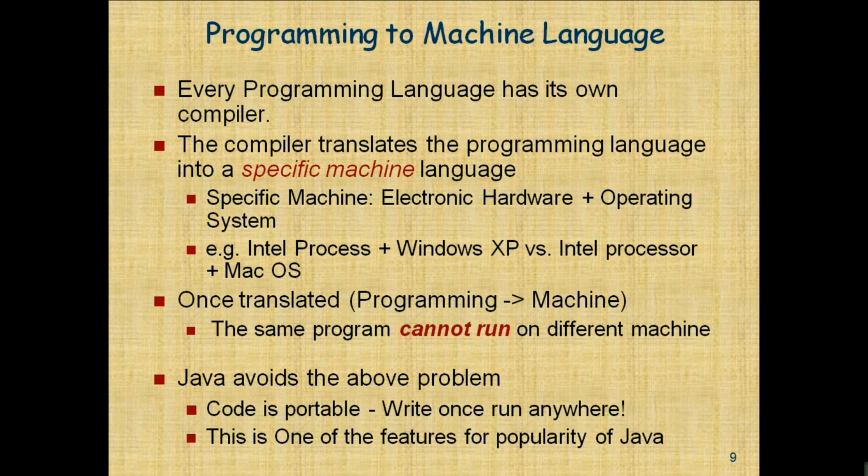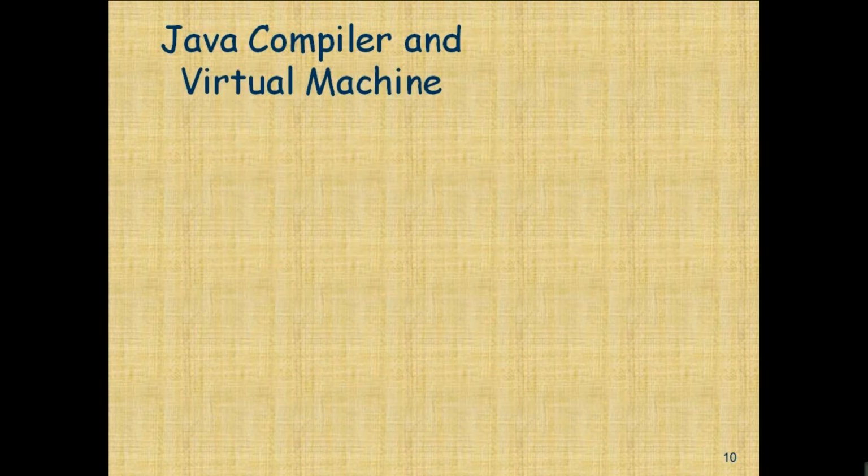So other languages have a drawback of writing programs that should be executed on their own specific operating system and related to its processor. But coming to Java, the above problems are avoided because the write once, run anywhere concept is a Java language feature.